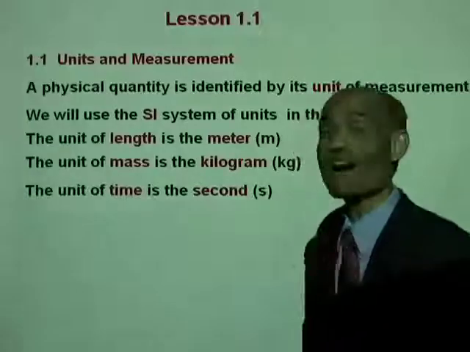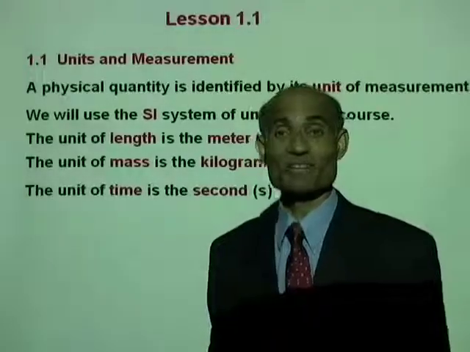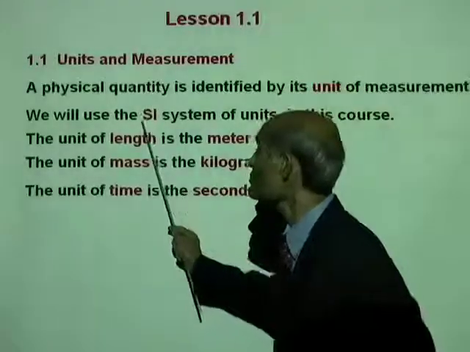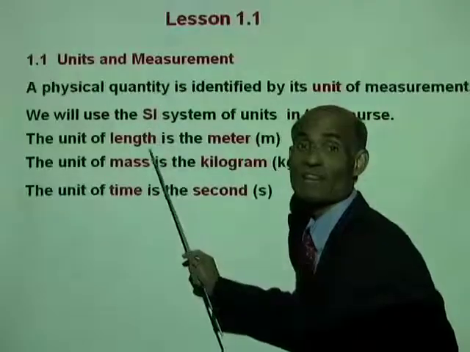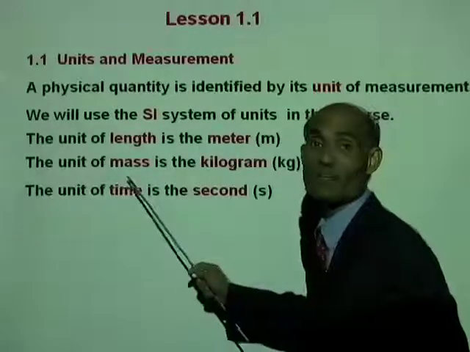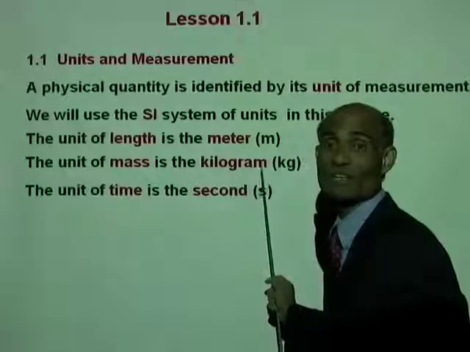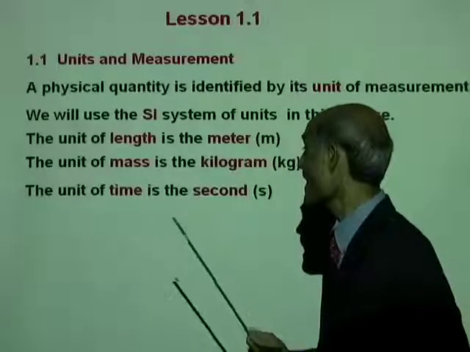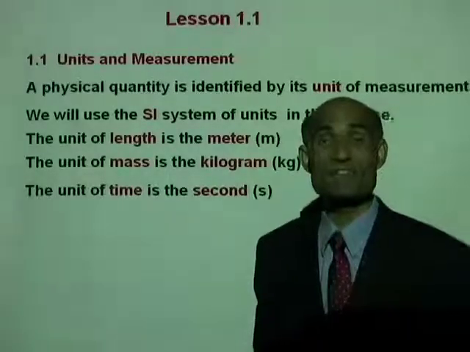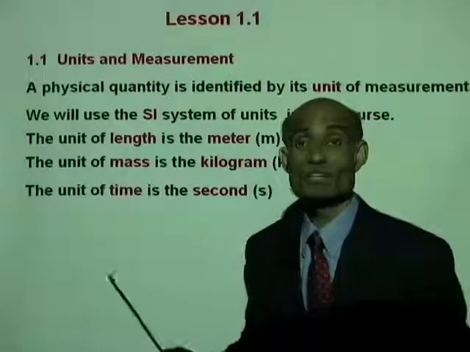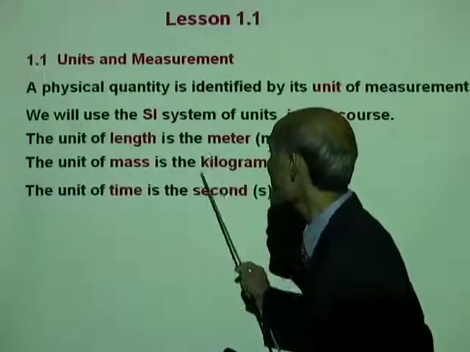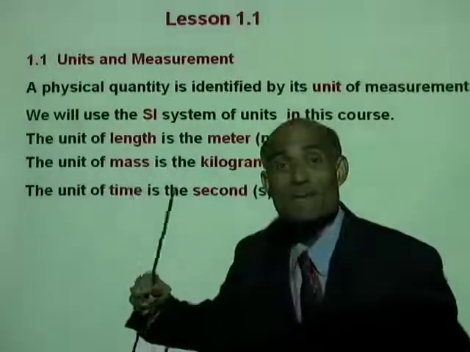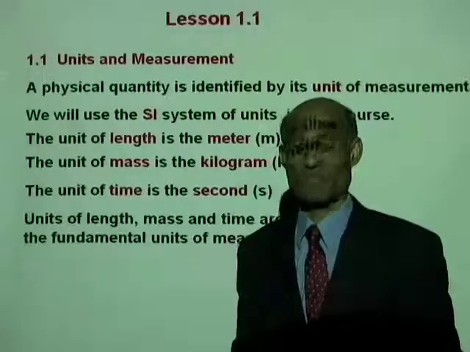And the unit of time is the second. So in the SI system of units, length is measured in meters, mass is measured in kilograms, and time is measured in seconds. So very often it is called the MKS system.